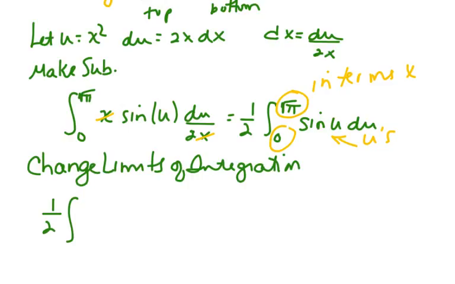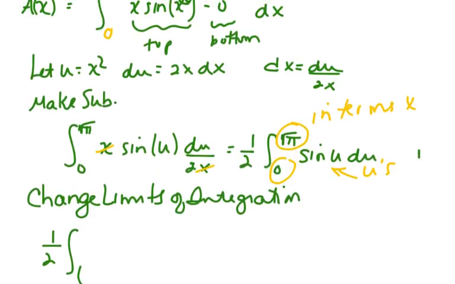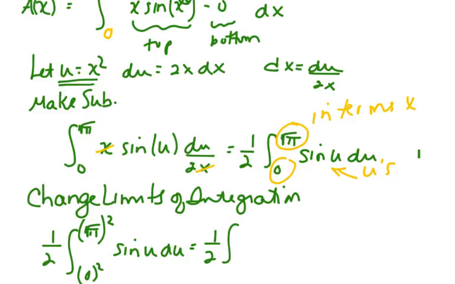So I'm going to put the lower limit into whatever you let u equal. I'm going to put the limits of integration into that. So it's 0 squared, square root of pi squared, sine of u du. Now everything's in terms of u, so we can just go ahead and evaluate this.